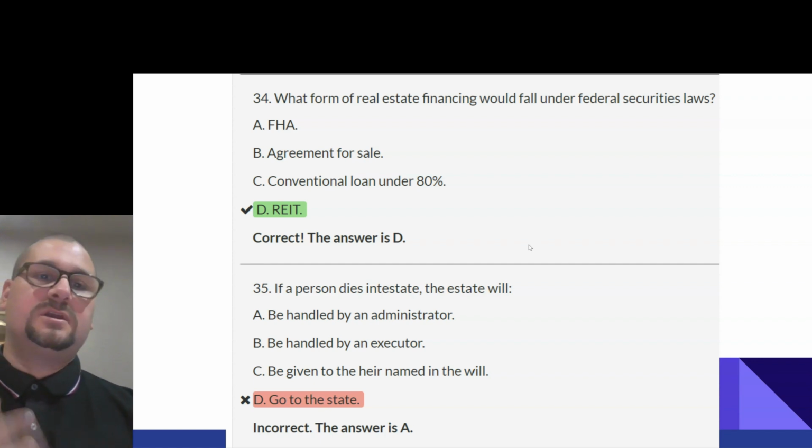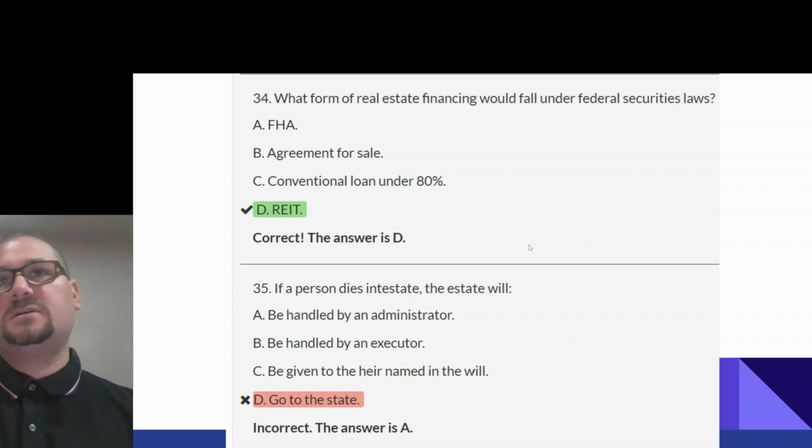An administrator is going to be appointed, and they'll pass it down to the heirs. Be handled by an executor? No. Be given to the heir named in the will? No. Go to the state? No. So it's going to be handled by an administrator.